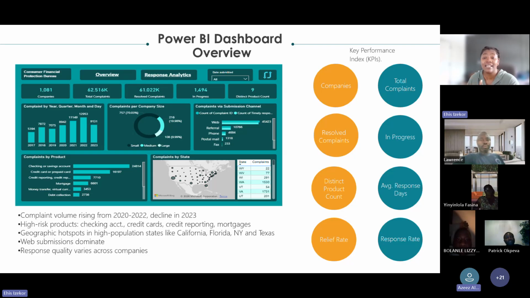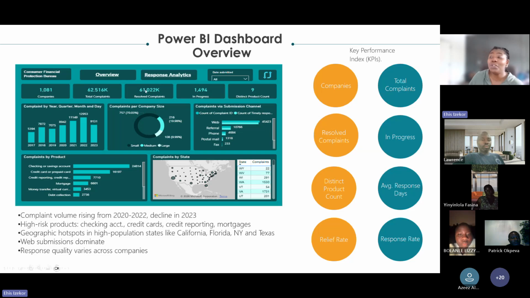For certain products that are being offered across different companies. So the total number of companies, which are the key performance indicators, was 1,081 companies participated in this project.